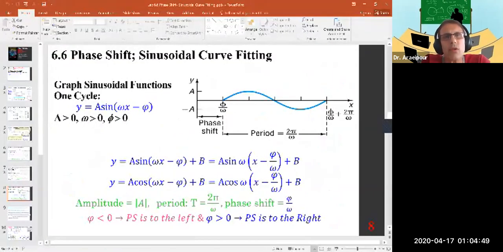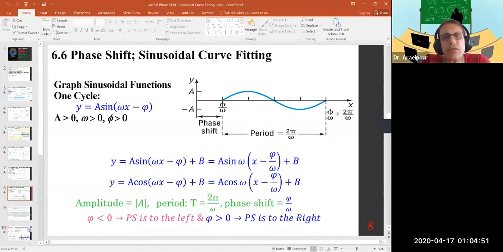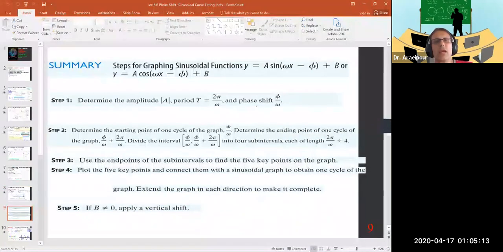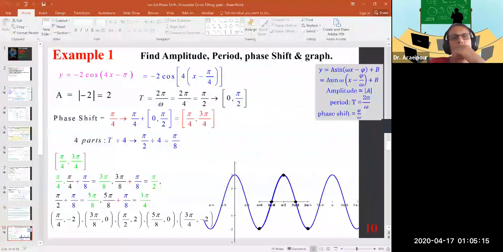Now, what happens when we have a shift? Okay, so basically, depending upon how we write that, assuming a, omega, and phi are positive, then phi negative means there's a phase shift to the left, and if it's positive, to the right. So this was explaining how we do that, and I went through a simple example.